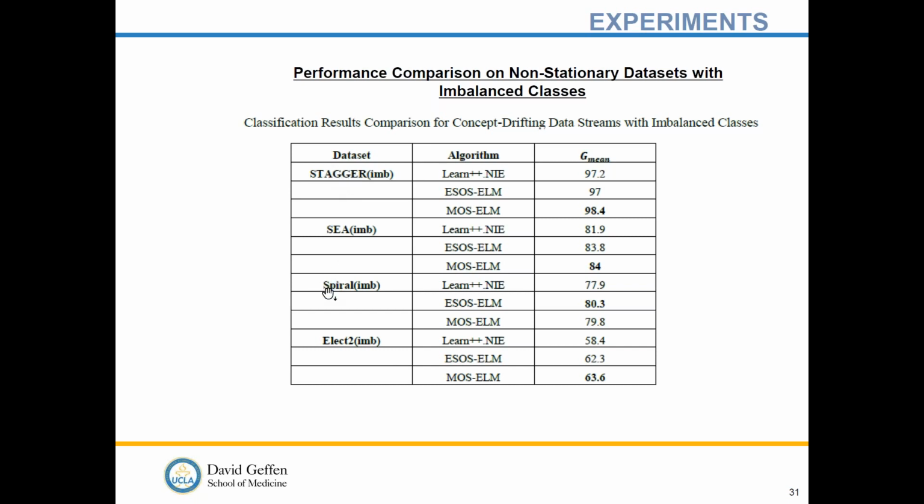The first three are synthetic data sets, which are frequently used for performance evaluation of sequential learners, and the last one is an electricity consumption database. Here also MOS-ELM produces better results on almost all the cases except the spiral data set, which is a gradual drift problem. For gradual drifts, ESO-CLM is generally a better solution because it uses multiple classifiers. It's an ensemble-based classifier.